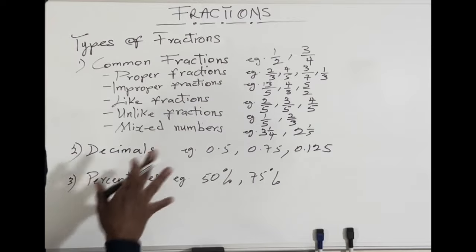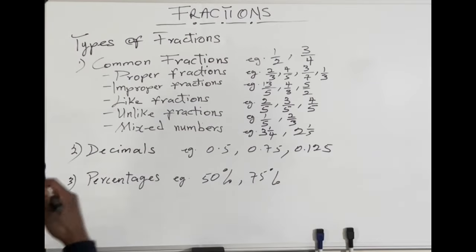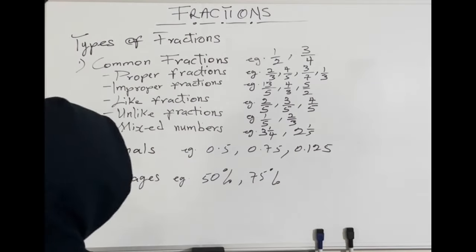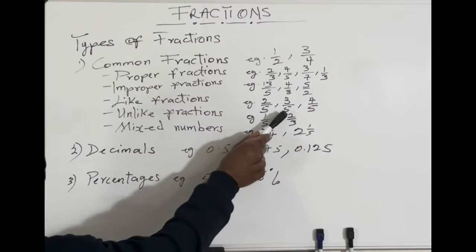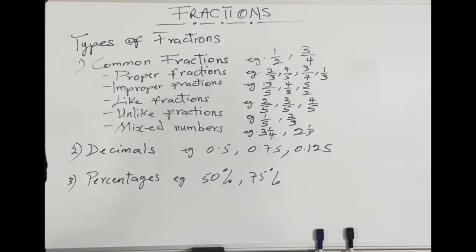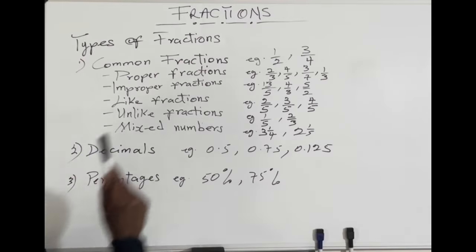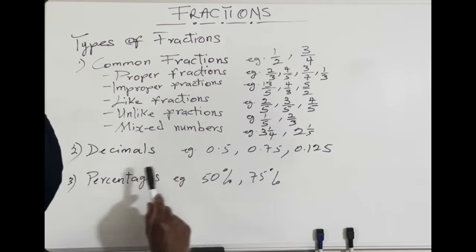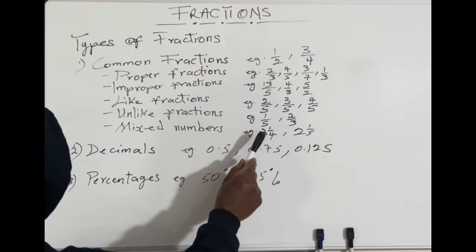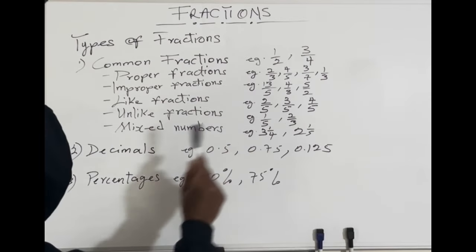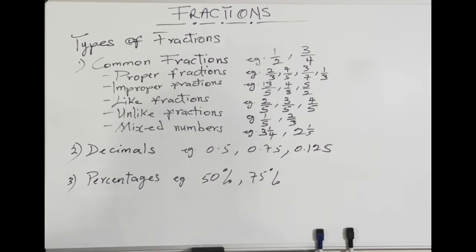It makes it an improper fraction. Okay, so we have like fractions. Because denominators are all the same, we call them like fractions. And then unlike fractions, the numerators and denominators are not the same, so they are unlike.